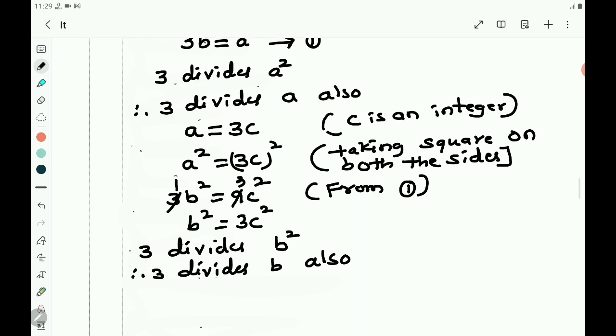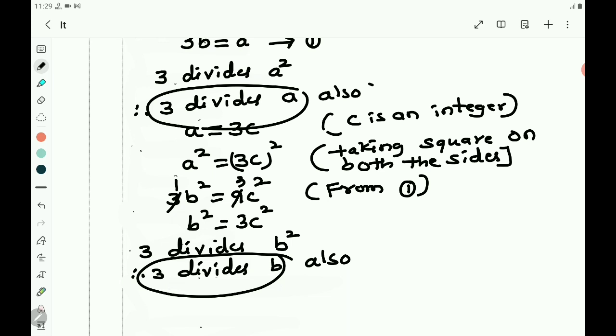So here what you can observe: 3 divides a and 3 divides b. As 3 divides both a and b, 3 becomes a common factor of a and b.